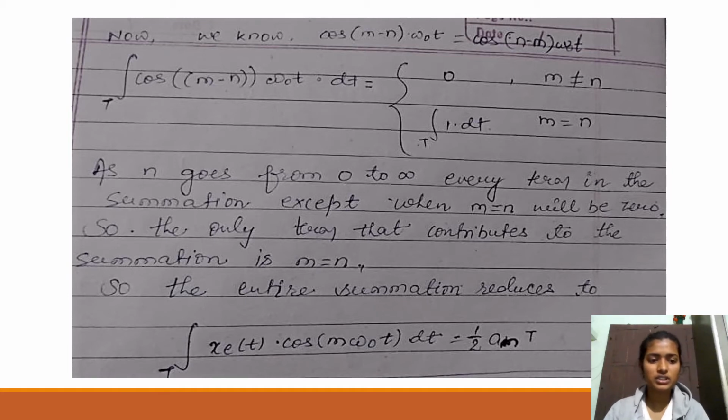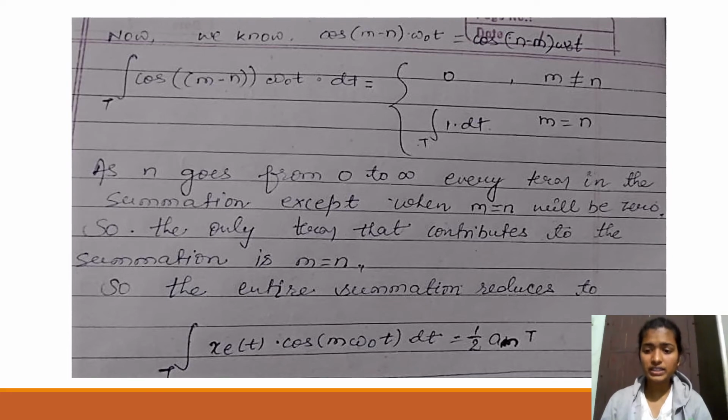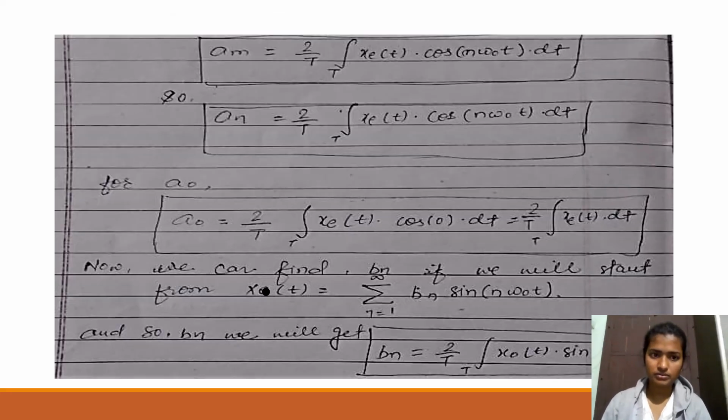What I have written is that if n goes from 0 to infinity, every term in the summation except when m is equal to n will be 0. So the only term that contributes to the summation is when m is equal to n. That is why the entire summation reduces to half of a_m into T. From here we can calculate the value of a_m.